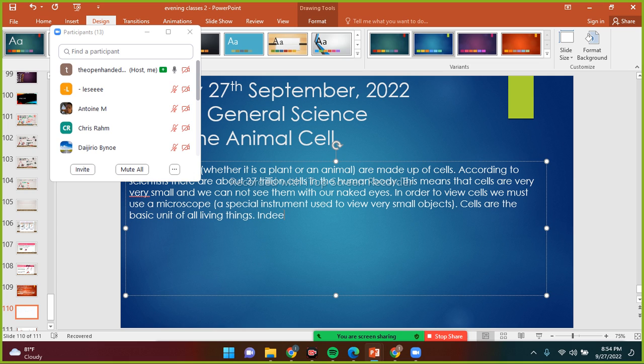Indeed, the cell itself is made up of different parts which have specific roles to play.